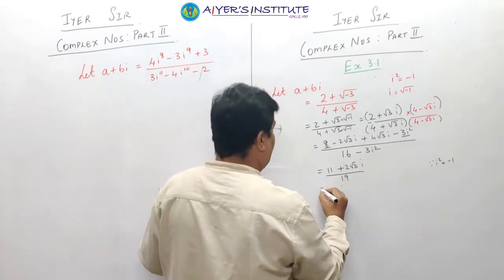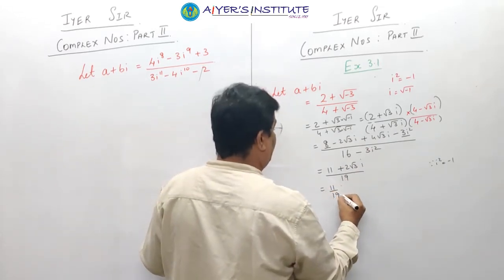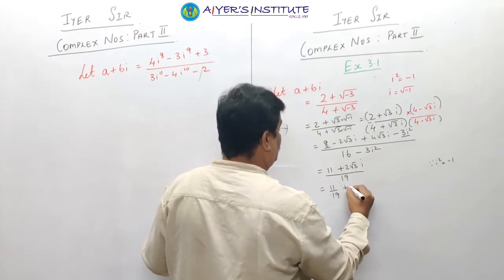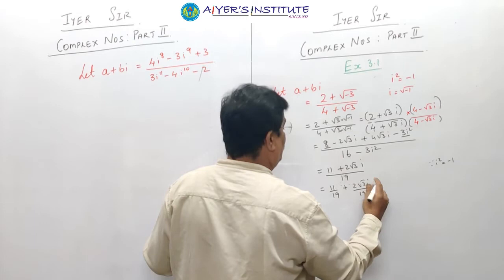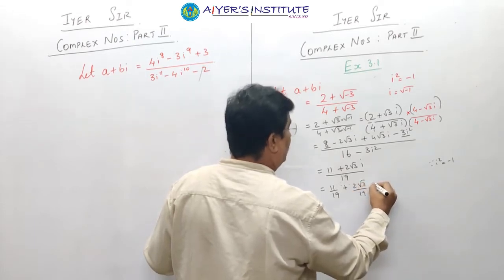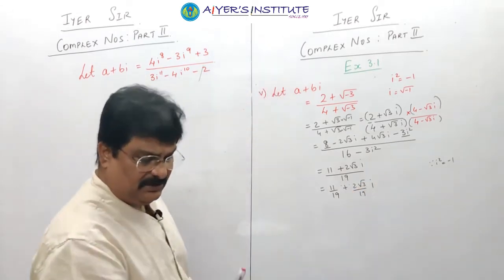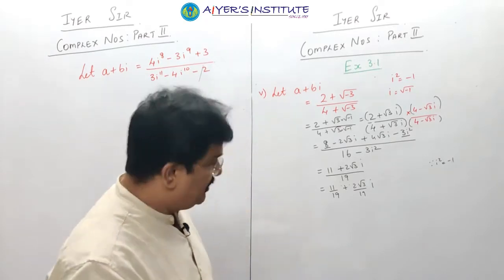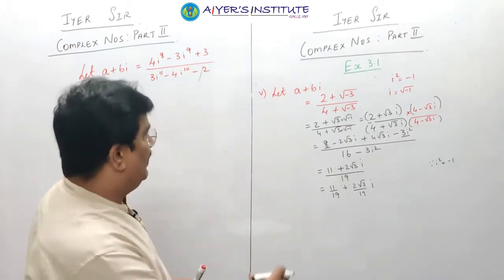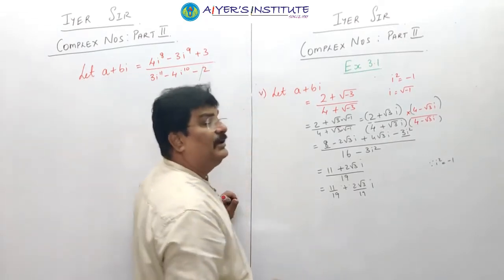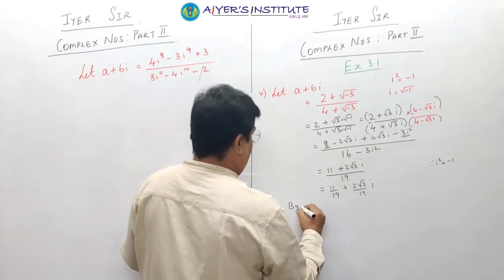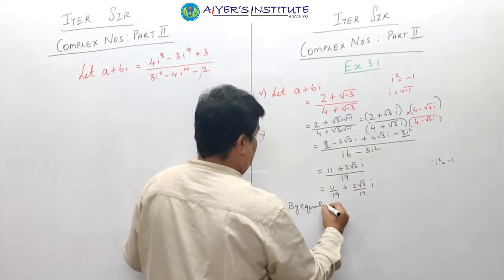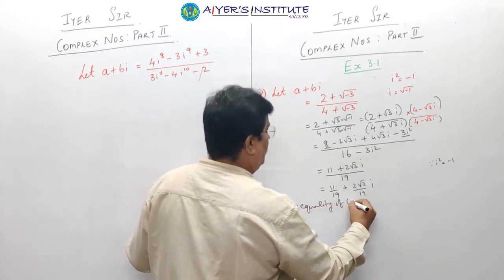So we can split them up: 11 upon 19, plus 2 root 3i upon 19, which is 2 upon root 3 into i. This will make it more clear. So when we are doing the comparison, we say by equality of complex numbers.